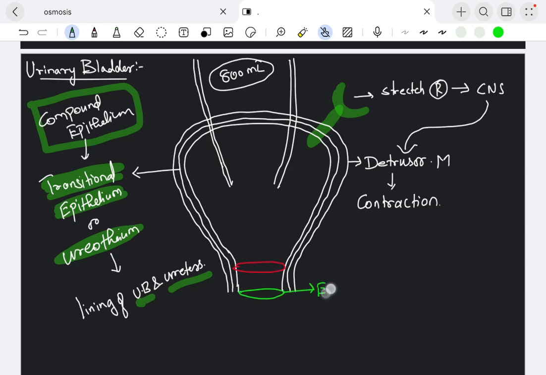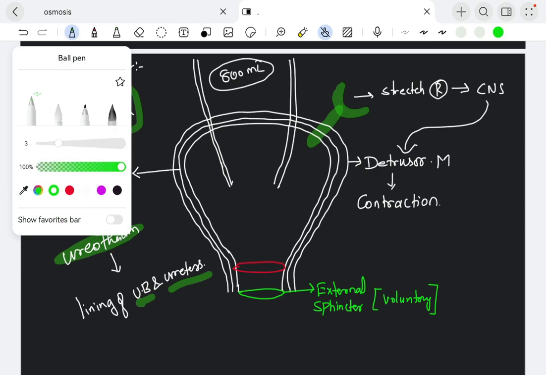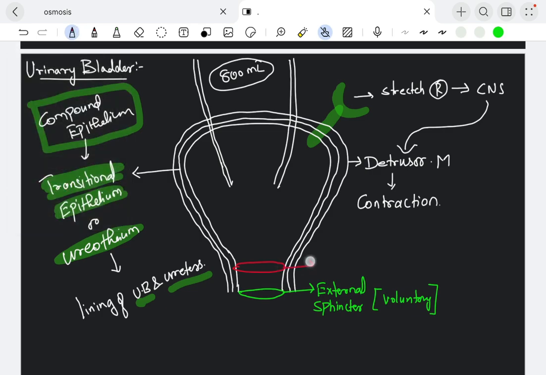The external sphincter is voluntary, meaning you can control it, but the internal sphincter is involuntary, meaning we cannot control it.